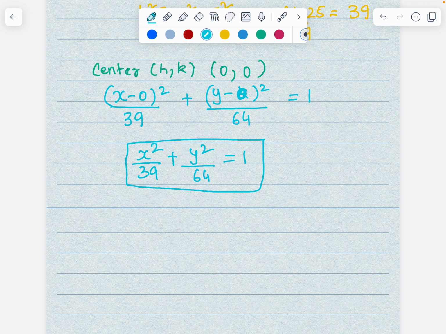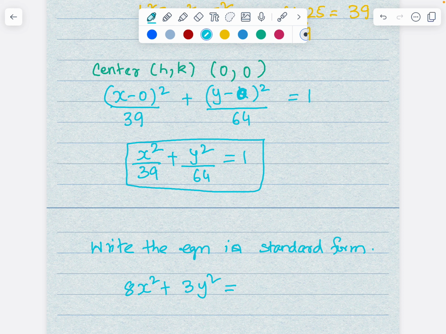The second kind of question you can get is to write the equation in standard form. Okay, and you'll be given something like this: 8x square plus 3y square is equal to 48.